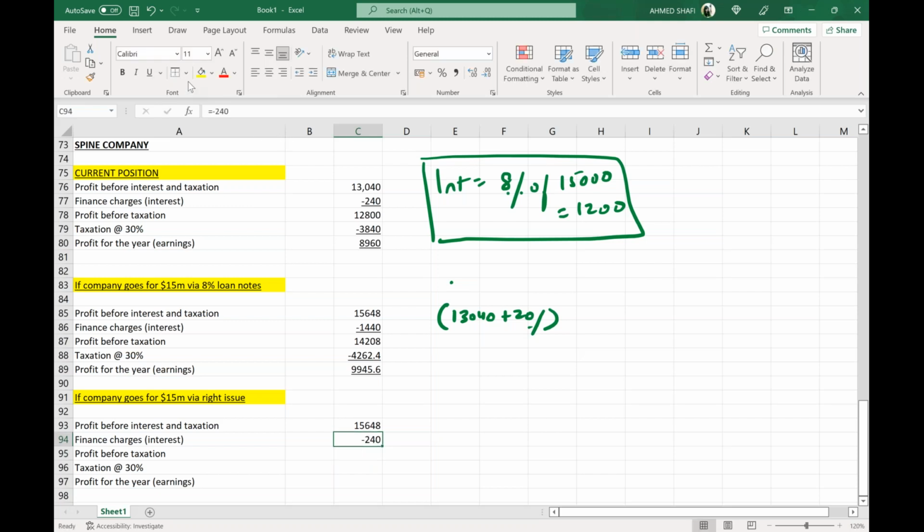So your PBT would be 15408 and tax will be 30%.